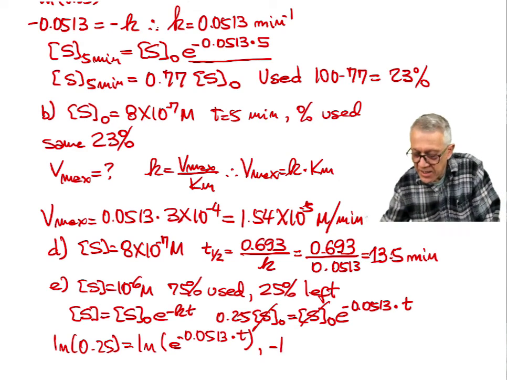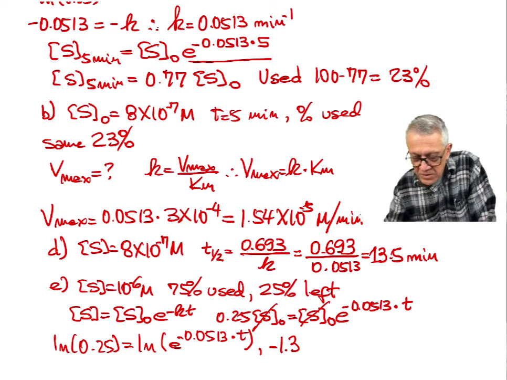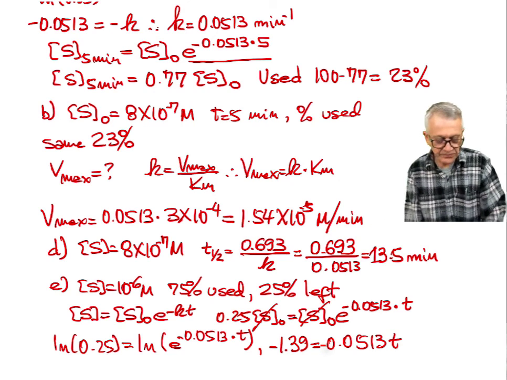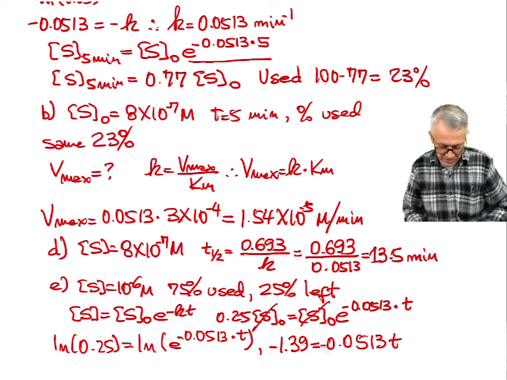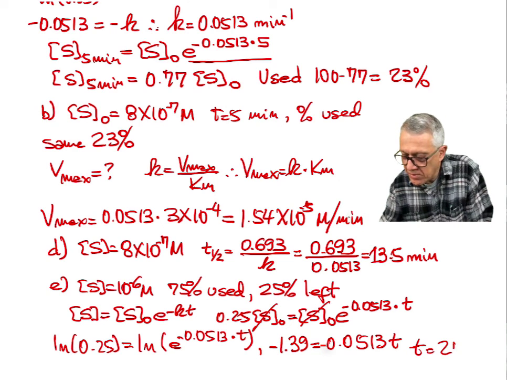It's negative 1.39. Negative 1.39 equals negative 0.0513 times t. So from here, t is going to be equal to 27 minutes.